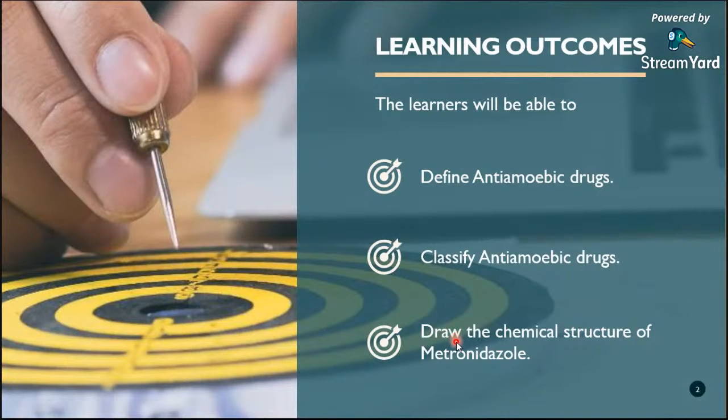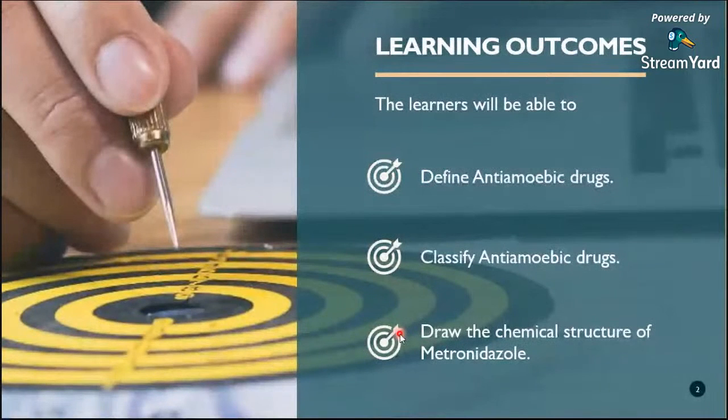In these chapters, we are going to study the structure of only one drug, that is metronidazole. Once you have got the books, you have to prepare one chart of properties, uses, and storage conditions of other antiamoebic agents.